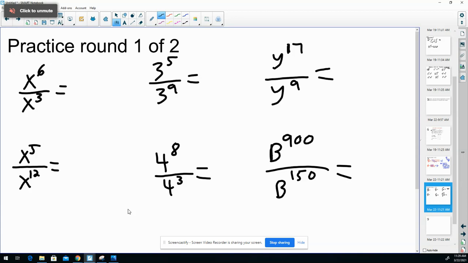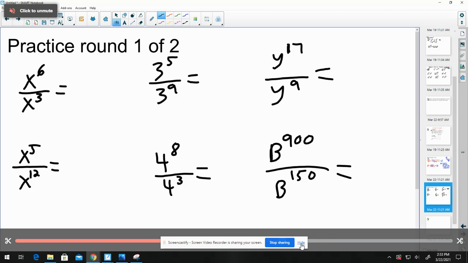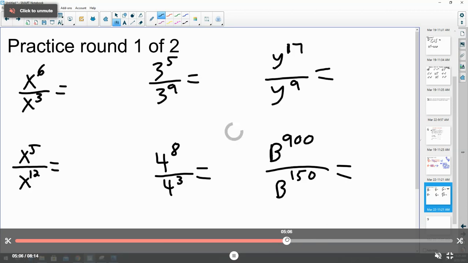So just make that note that you don't have to do it all out. Right, p to the 5th over p squared, you don't have to write out the whole thing.